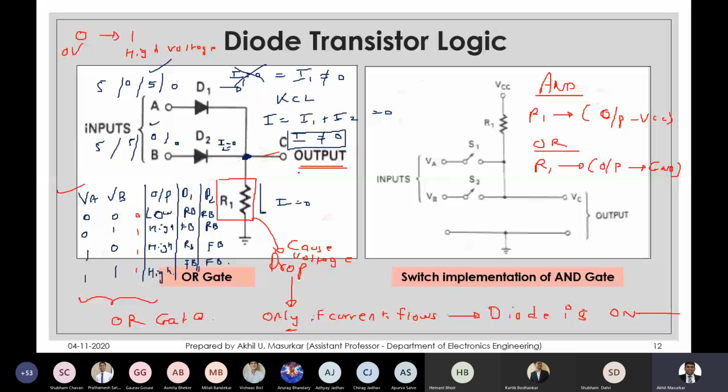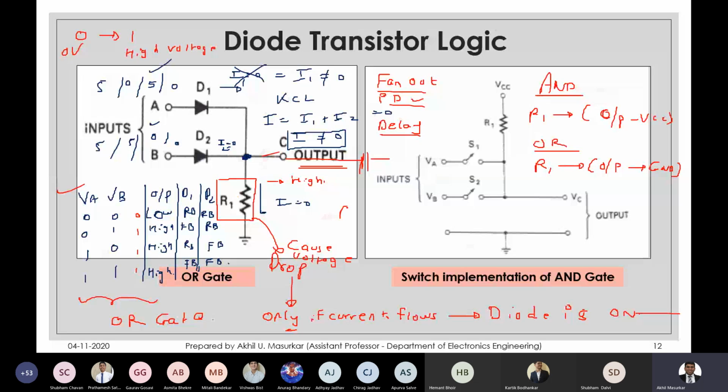Operation wise, no, but yes, if you look at these parameters, fan out, power dissipation and delay, then the value of the resistance matters. Now, if the resistance value is high, then your power dissipation will become high. If there is a capacitive load, for example, if this is followed by an amplifier, the amplifier will generally have a capacitance at its input.